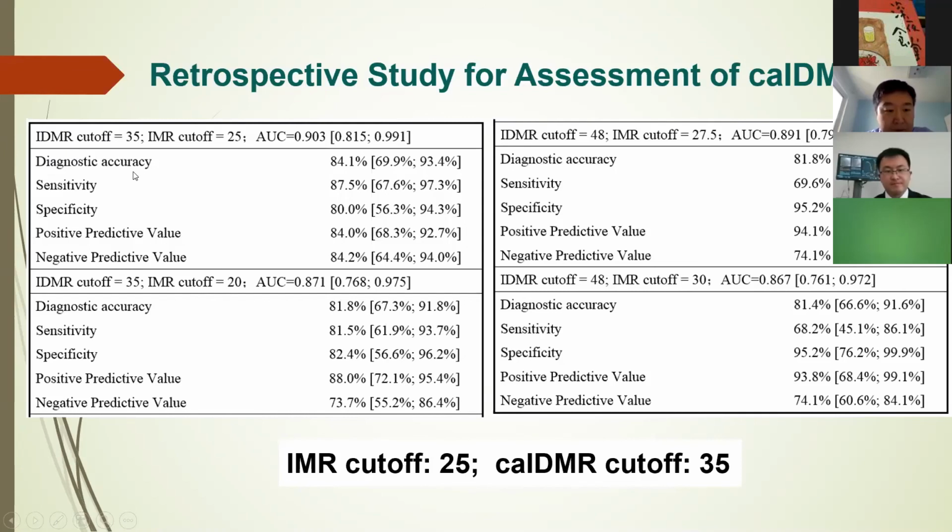We found when the IMR cutoff value equals 25, the IDMR cutoff value is 35. The AUC value is above 0.9, that means above 90%. The accuracy, sensitivity and specificity are all above 80%. So we suggest that if the IMR cutoff is 25, a CA-IDMR cutoff of 35 may be a good measure to diagnose microvascular resistance.